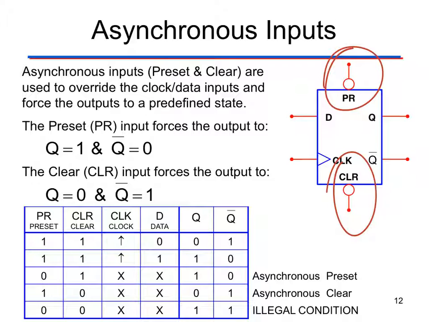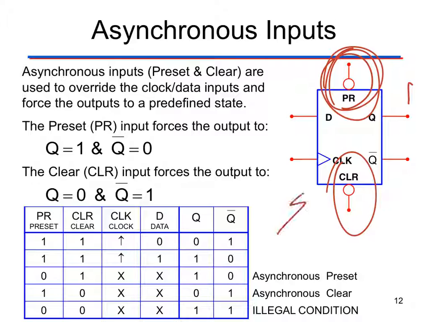Let's start with the preset. When the preset receives a low signal, it is going to output a 1. If it receives a high signal, it's not going to do anything. It's just going to remain the same.